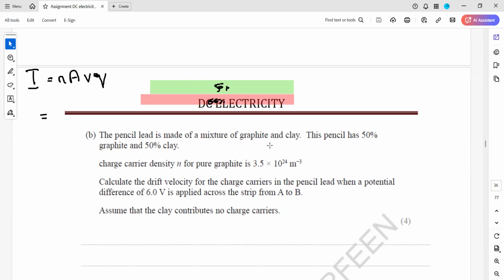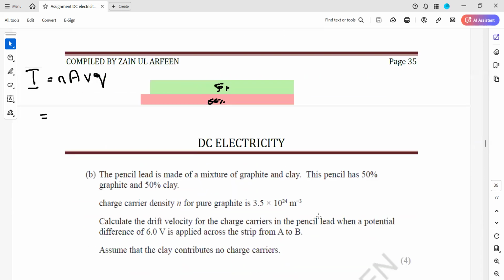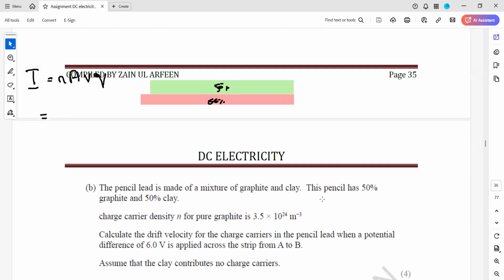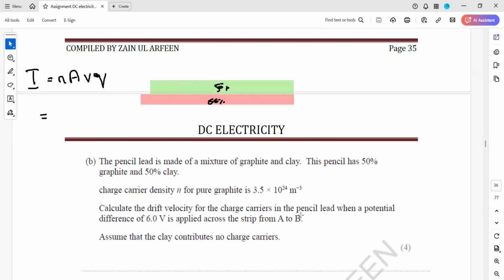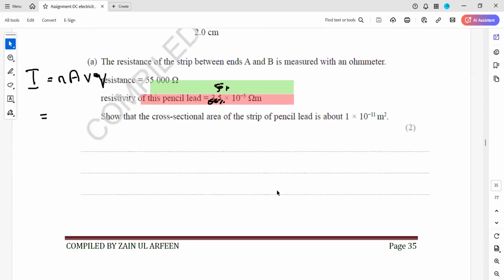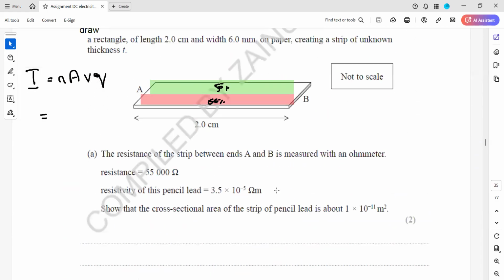So how many charge carriers will be there in 1 meter cube? It's a mixture of clay, so this charge density will be half, because 50% will be the charge carriers and 50% will be the particles which are not carrying the charge. So the actual charge density will become half.